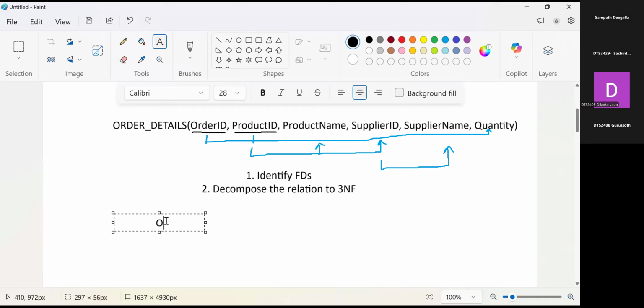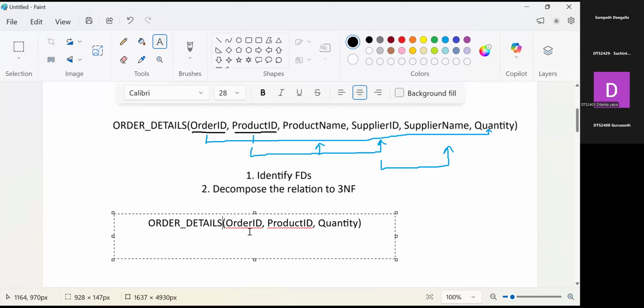We can say order ID, product ID and quantity. This is 1.